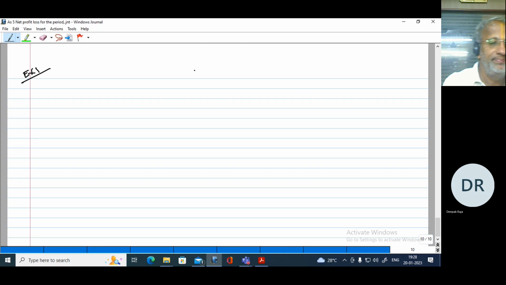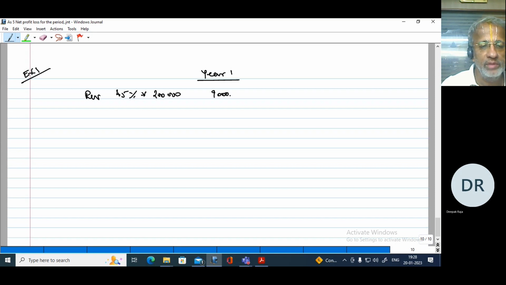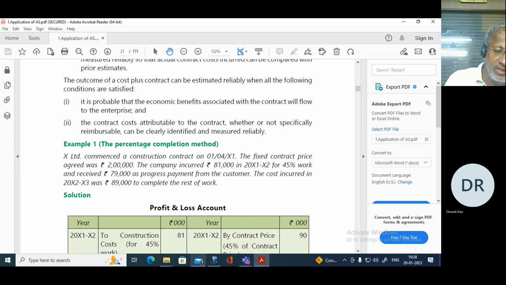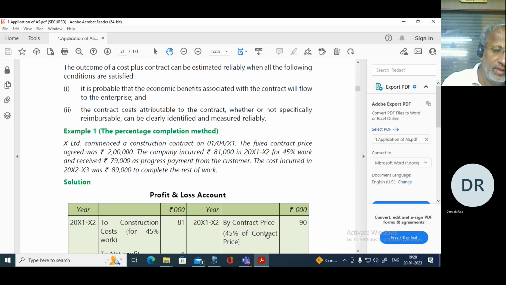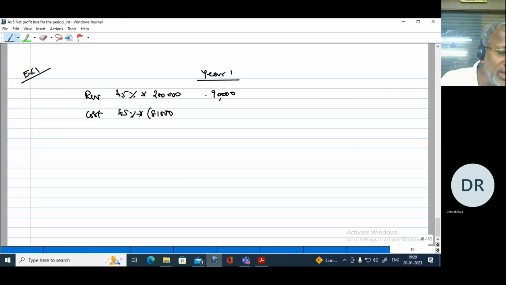Example number 1. For year number 1, revenue recognized is 45% of 2 lakhs, 90,000. Correct? And as far as cost is concerned, 45% into how much they have incurred? 81,000 they have incurred, which they themselves have given, which is representing 45%.